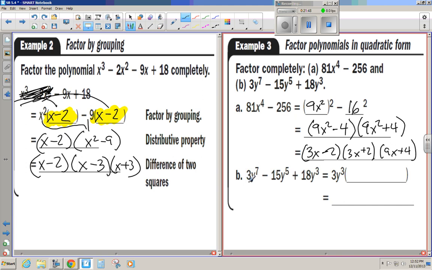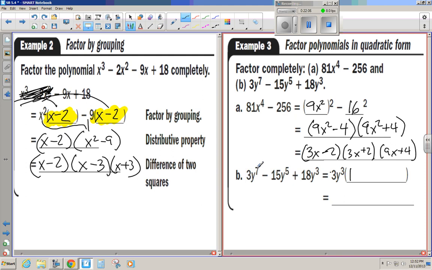Take a look at this example, part B. Rearrange them so that they have things in common. Well, oh, I'm sorry, factor out a 3y cubed. See? Y, y, y. When you take a 3 away from here, it becomes a 1.